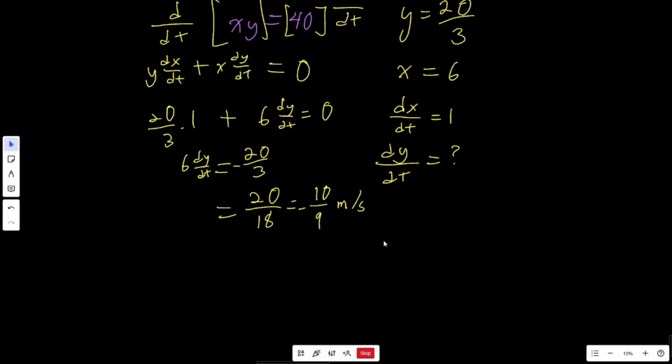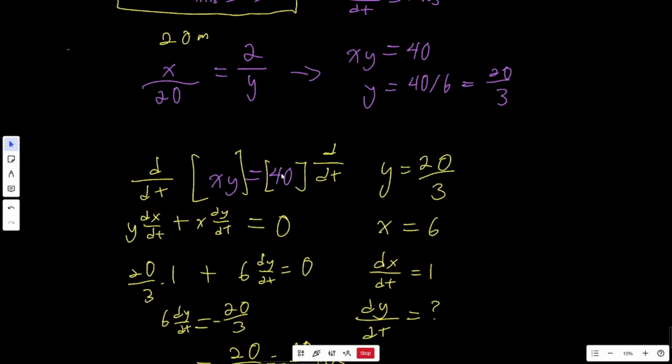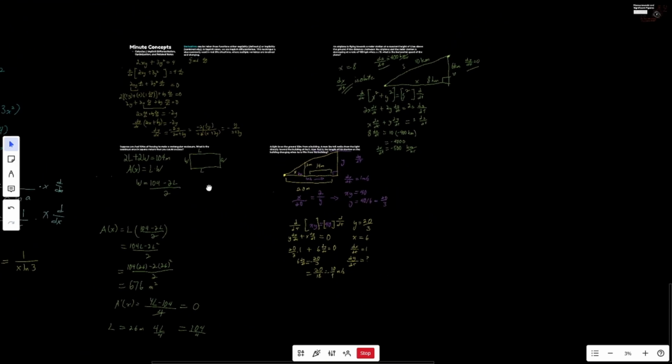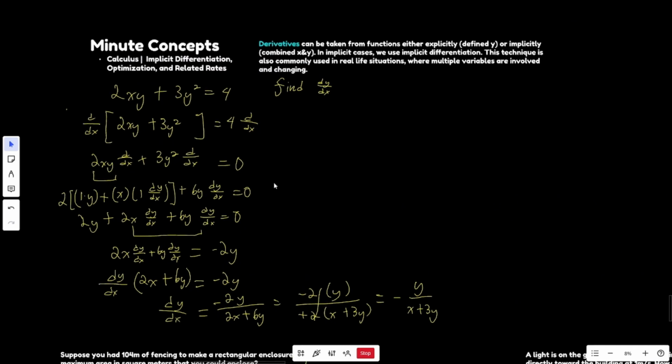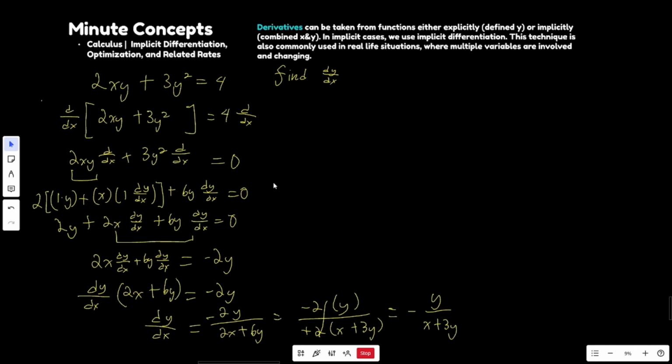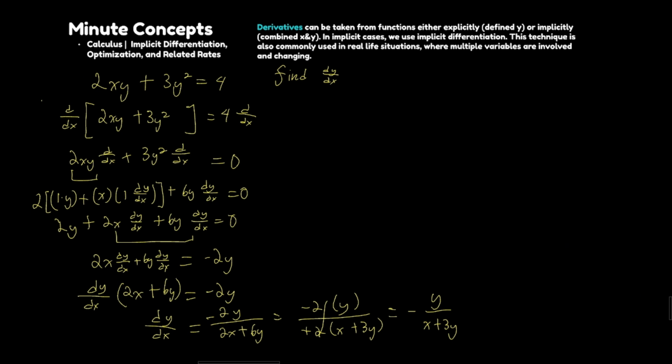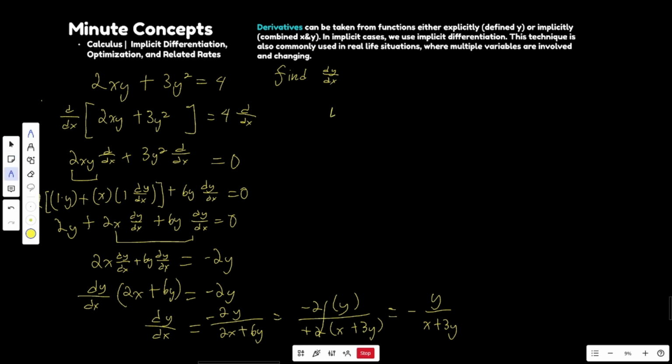And yeah, so to summarize this video, implicit differentiation, basically it's how to differentiate a function in two variables. Now, always identify first what is the variable that you are differentiating with respect to. In other words, what's the thing in the denominator? Is it dx?